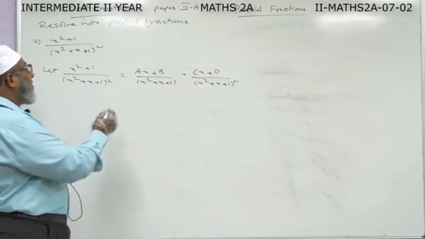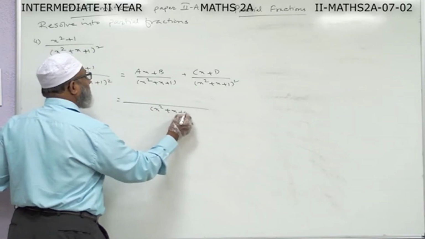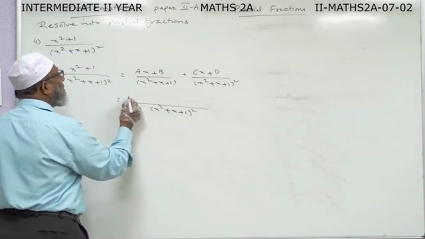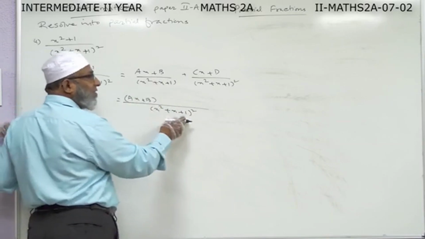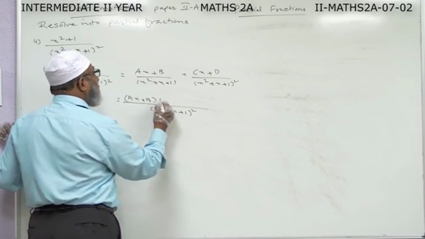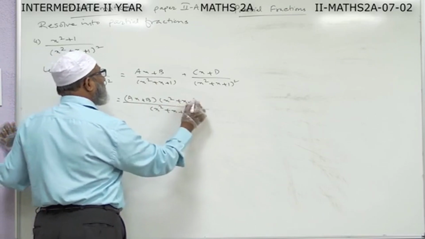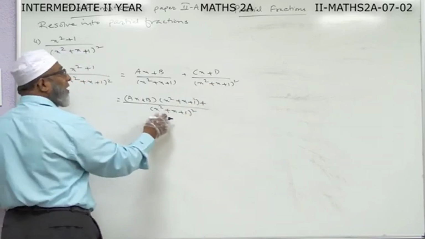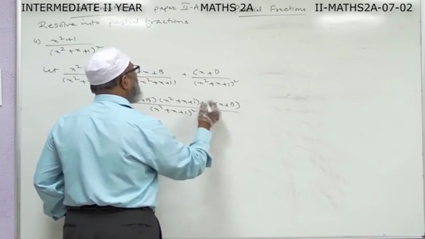Now, again, if I take the LCM, what happened? This is x square plus x plus 1 whole square and this is nothing but ax plus b into, if I divide by this, I am getting one term. So, x square plus x plus 1 plus, if I divide this, I am getting only cx plus d.